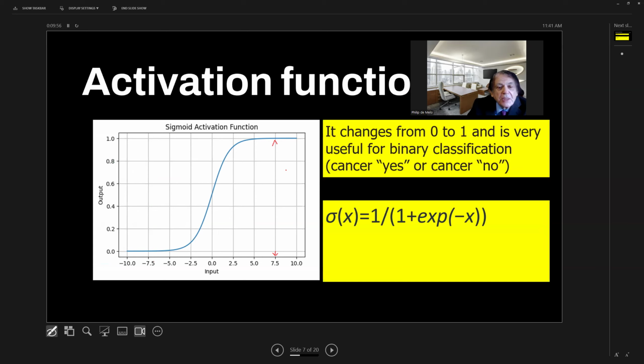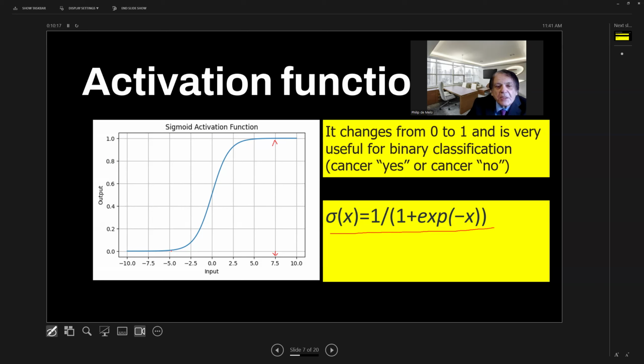This is the sigmoid function. And as I said, the activation function depends on the problem we solve. And in this case, the activation function is very important, okay, because it can be very close to 1 and very close to 0, right? So it is 0, 1.